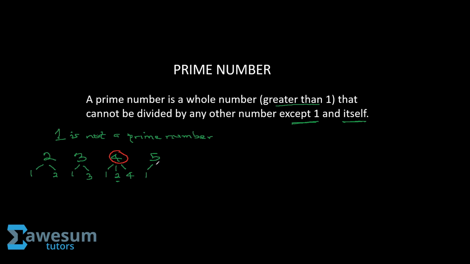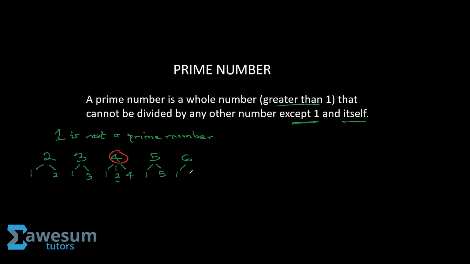So that tells you that 5 cannot be divided by 2 and 3 and 4, but it can be divided by 5. And we said that a prime number is only divisible by 1 and by itself, meaning 5 is a prime number.